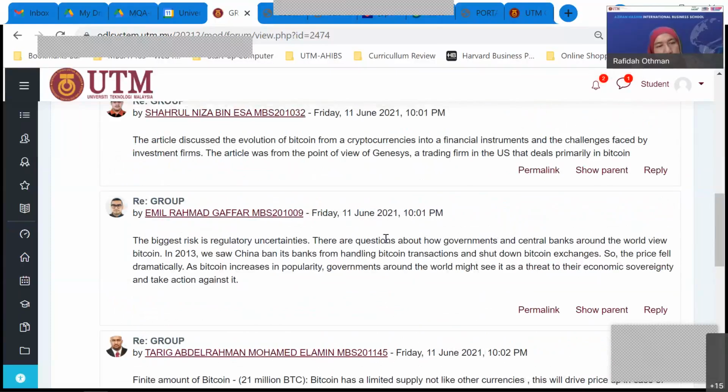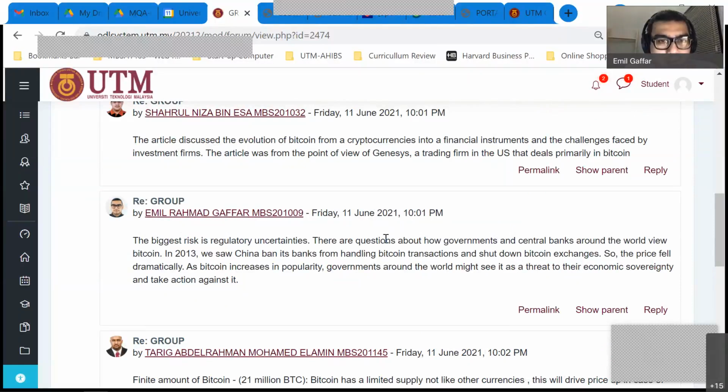From the article, the root cause is that the biggest risk is regulatory uncertainty. There are many questions on how governments and central banks set up rules for handling Bitcoin transactions.